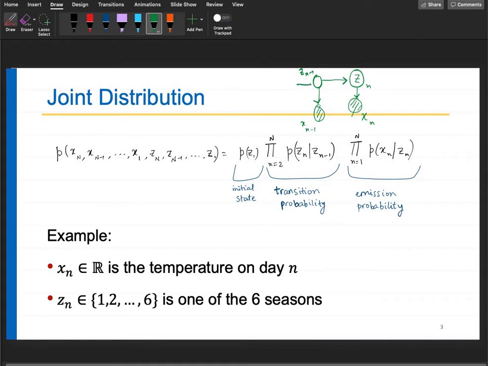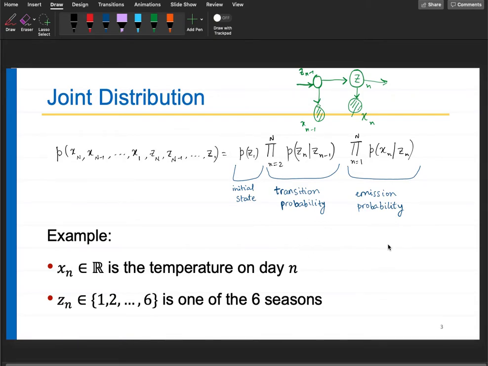This is further caused by previous states and is leading to future states. So Zn given Zn-1 is the transition probability, and Xn given Zn is the emission probability. This is totally the joint probability of the HMM.